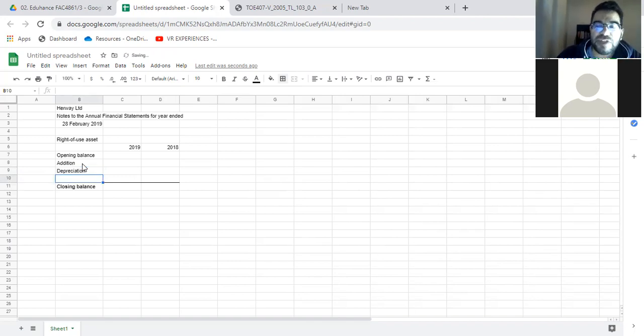How else can the right of use asset change? Remember, the right of use asset includes the lease liability. So sometimes when there's a change to the lease liability, the accounting standard says that change also impacts the right of use asset.